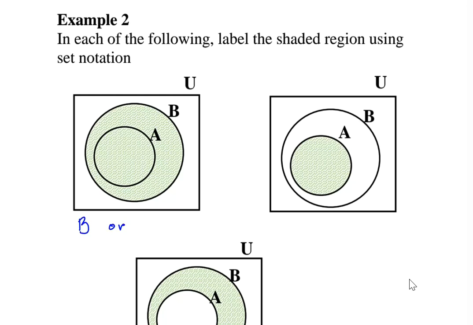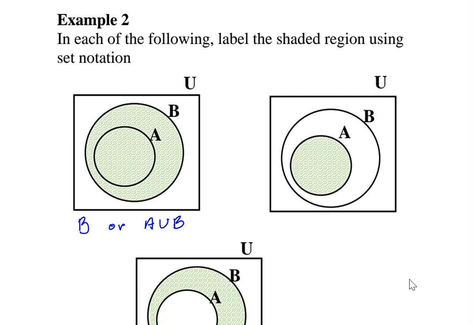Now, if you shade both A and B together, what you have shaded is what? A union B. So if A is a proper subset of B, B is the same as what?